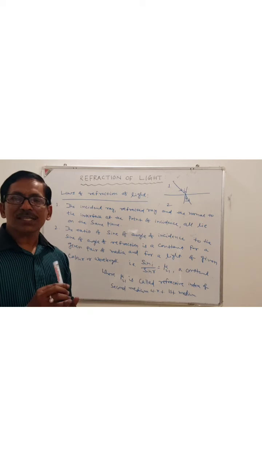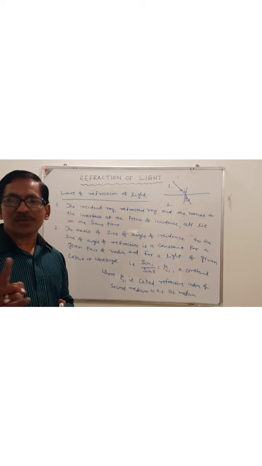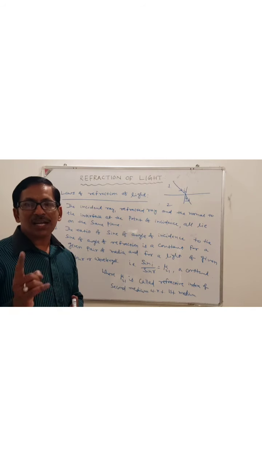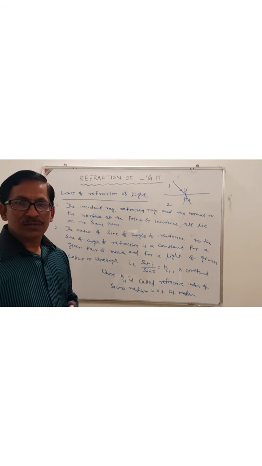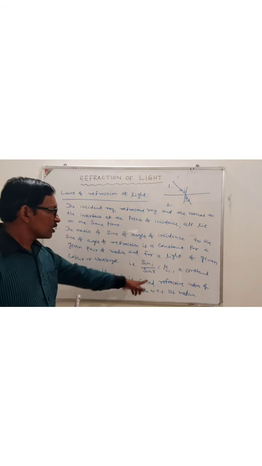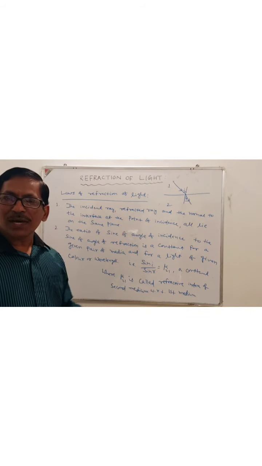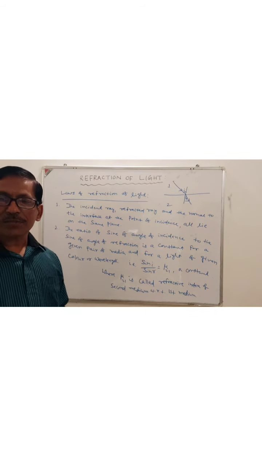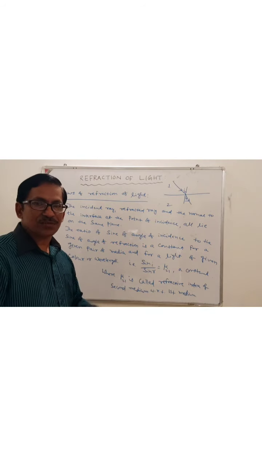And that is not a universal constant. That is a constant for a given pair of media and for light of a given color or wavelength. That means this value is a constant and is represented by the symbol mu21. Mu21 represents the refractive index of the second medium with respect to the first medium.